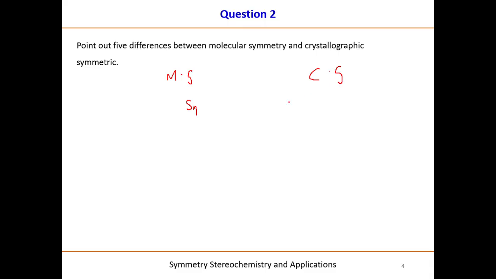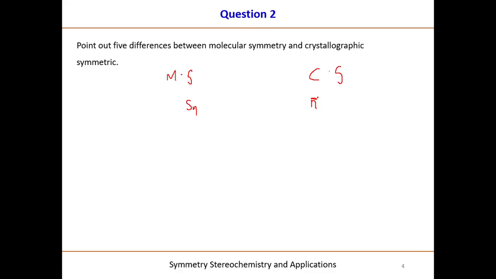Sn is the rotation reflection axis, whereas in case of crystallographic symmetry we are writing n bar, because n we are writing for axis of rotation also.